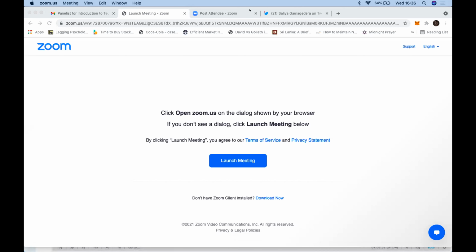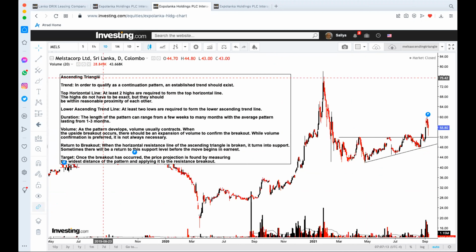And then the next thing in the ascending triangle, not only the ascending triangle, mind you, when we are drawing triangles, we always must remember that when we are joining the highs and drawing that trend line, that is called the resistance line.